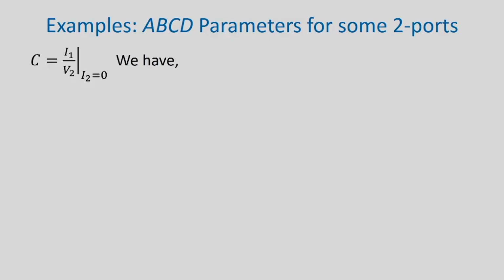Now, let us see the parameter C which can be found for the same condition when we have I2 equal to 0, and C is I1 by V2 when I2 equal to 0.